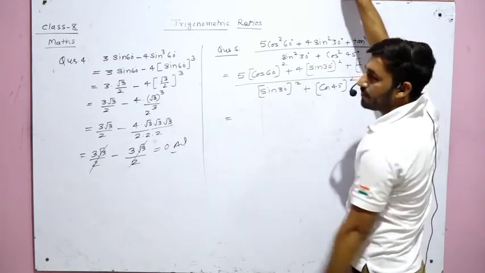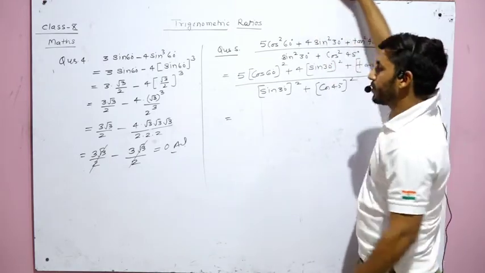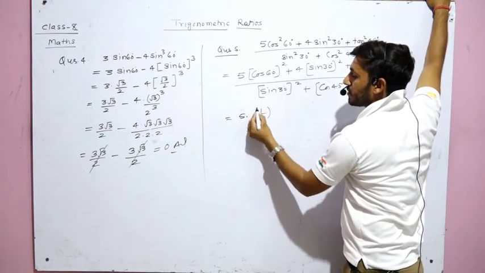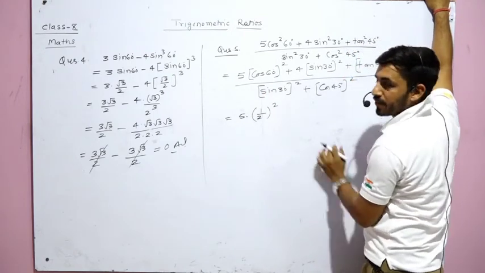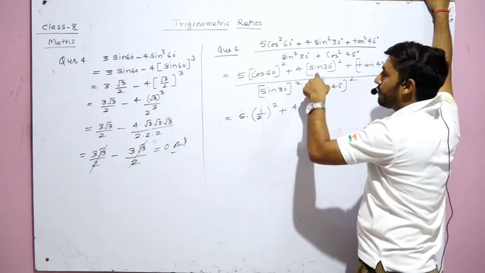Here in the next step we have to substitute all the values of trigonometric ratios. The value of cos 60, as we know, is 1 by 2, square of 1 by 2. In the next step we have to substitute the value of sine 30.